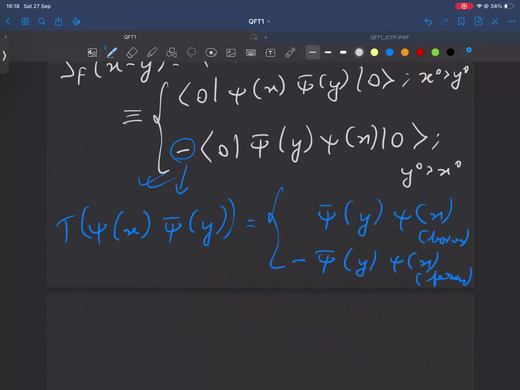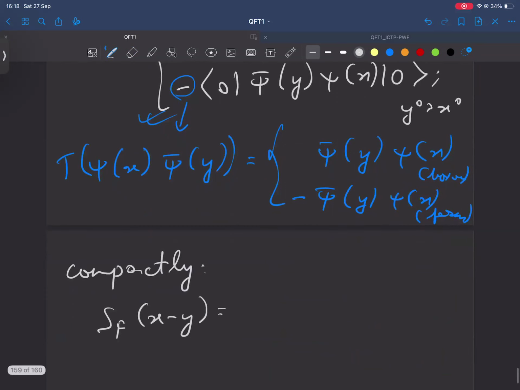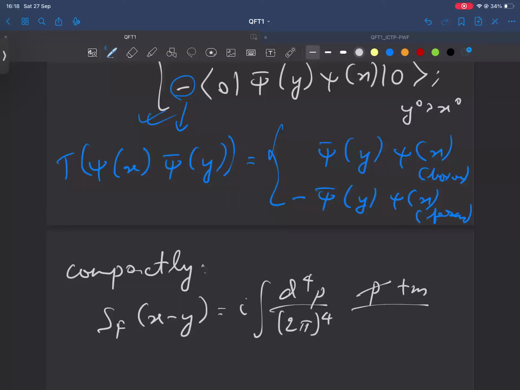And succinctly, compactly, let's say, we can write just like we did for the complex scalar field case. And we can then stare at it and see that it will be very similar to the complex scalar field equation for the Feynman propagator, and it turns out to be like this.